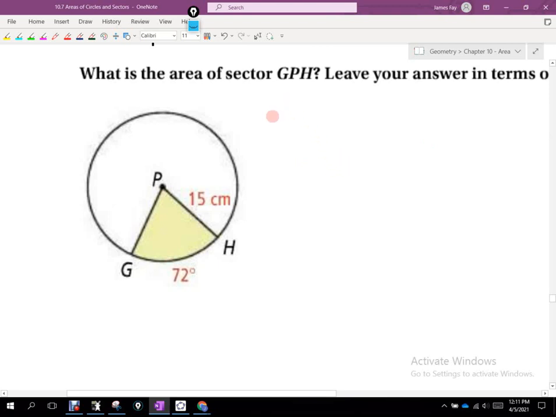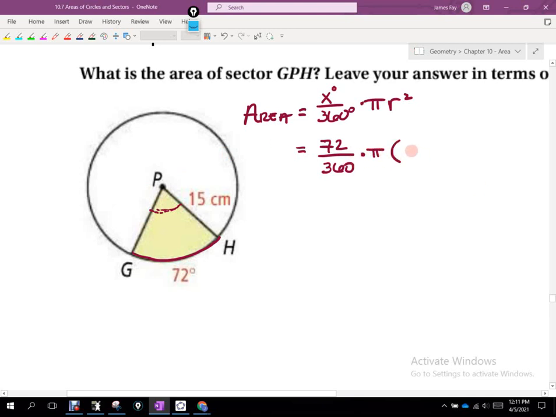What I mean by that is if I want to find the area, we're going to go x degrees over 360 degrees times pi r squared. x in this case is 72 over 360. They could give that 72 in two different locations. They could give it as the arc measurement, or as the central angle measurement, and we know that they are one-to-one. They are the same thing. And then multiply by pi, and then r squared.